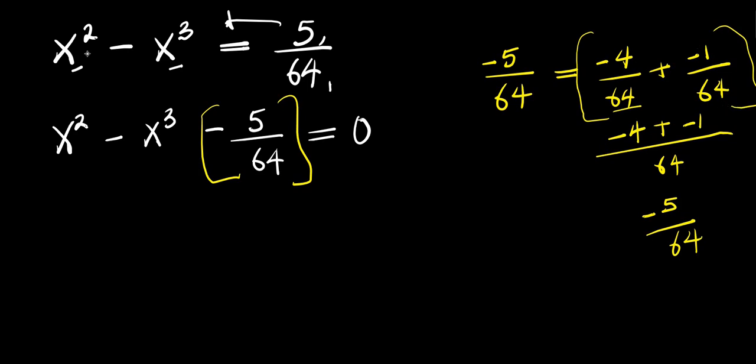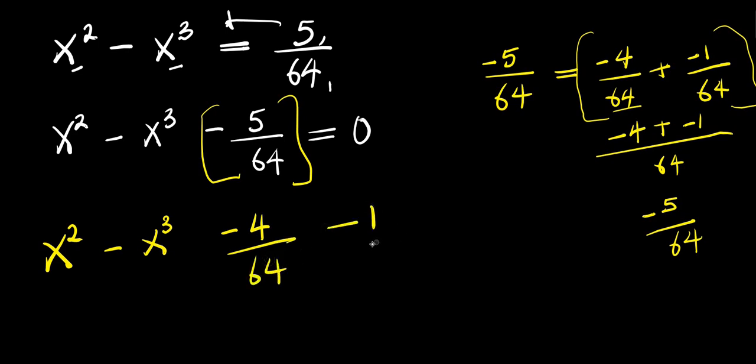So this becomes x power 2 minus x power 3. This is minus 4 over 64. This is minus 1 over 64. And this equals 0.